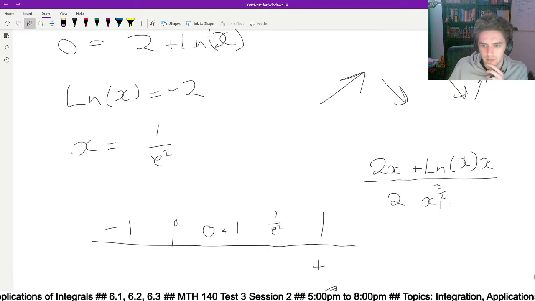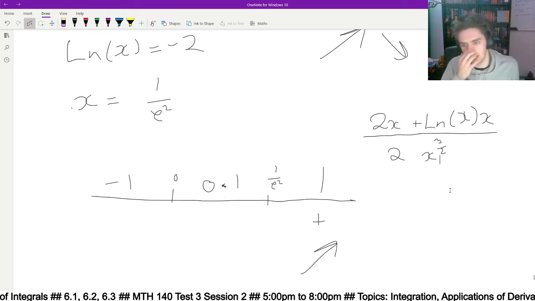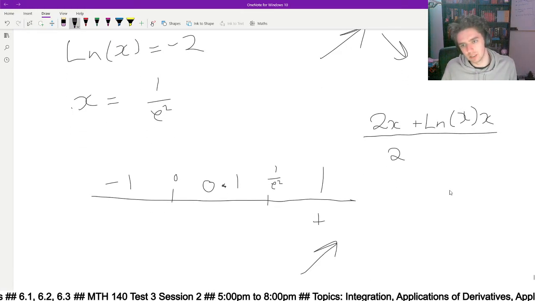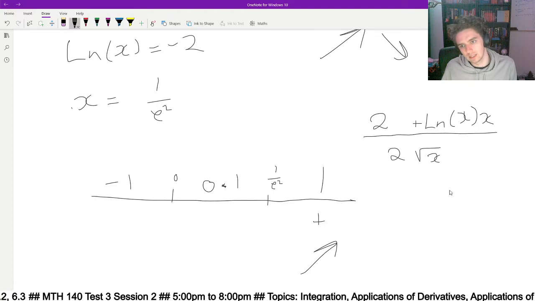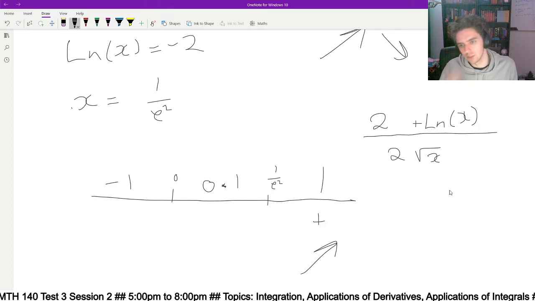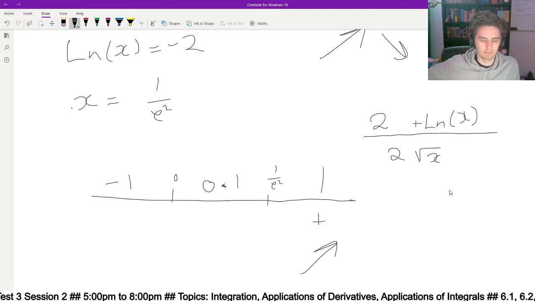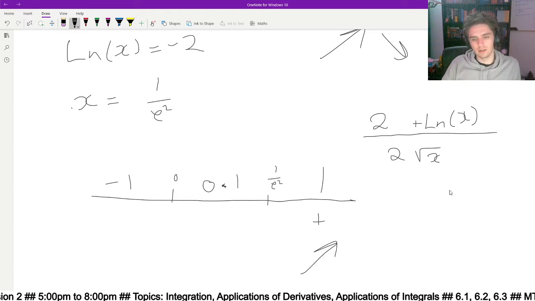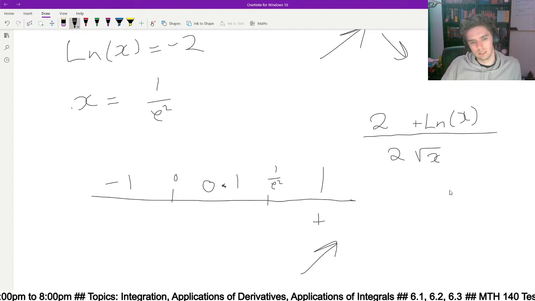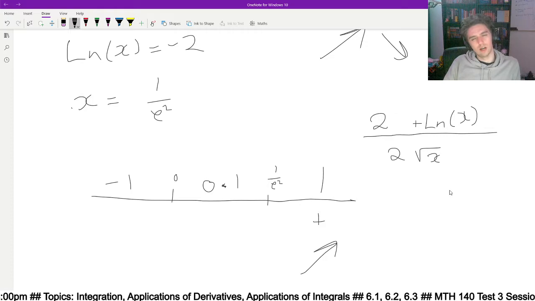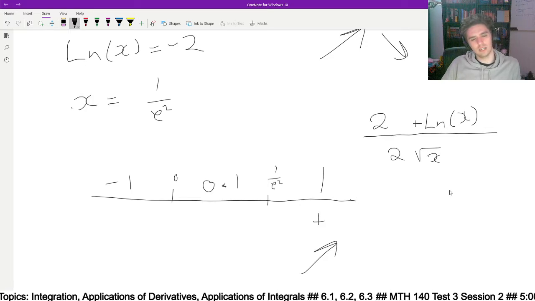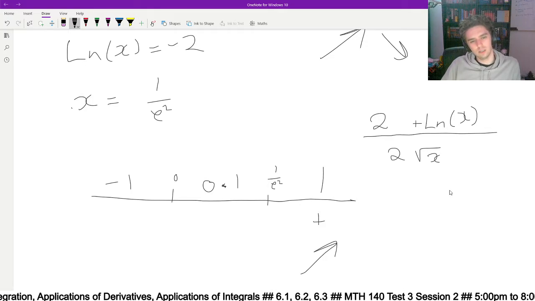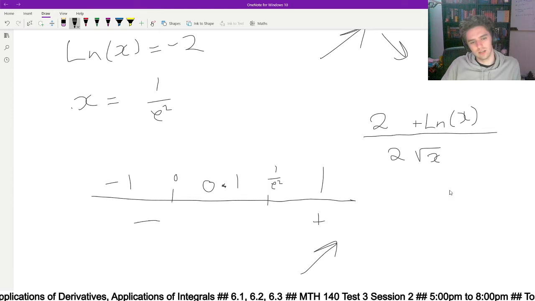I have to do negative 1 to the 3 halves. And even if I did that, this would end up being just a root x, canceling out both these x's. And I still can't do the square root of negative 1. So it's just not defined after that.